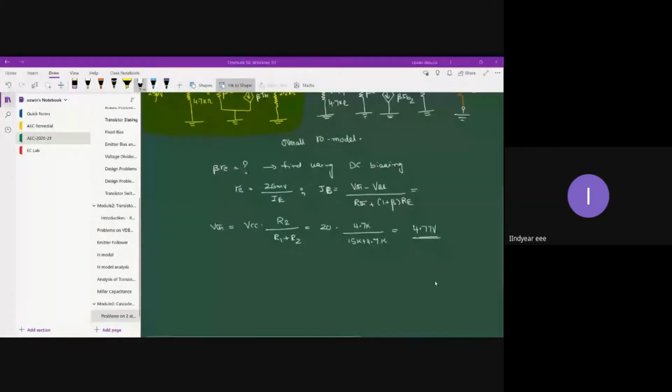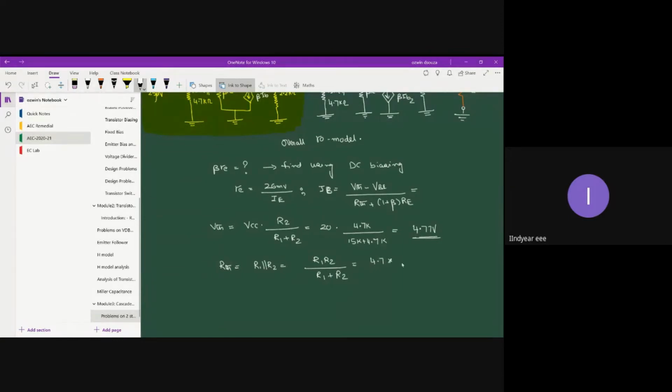Pratibha, did you get it? Okay, all right. Once VTH is found, you can find out RTH. RTH is nothing but the parallel combination of R1 and R2: R1 into R2 divided by R1 plus R2.